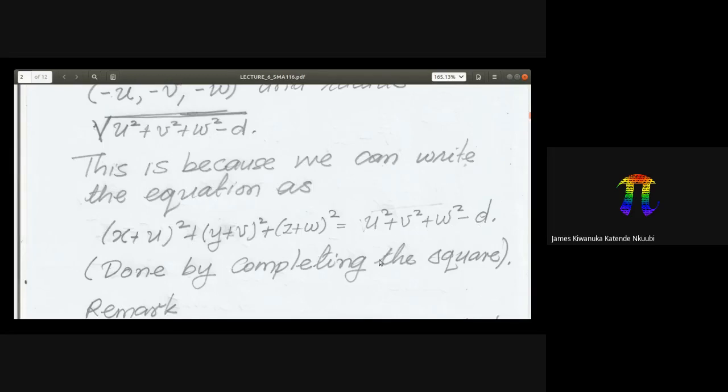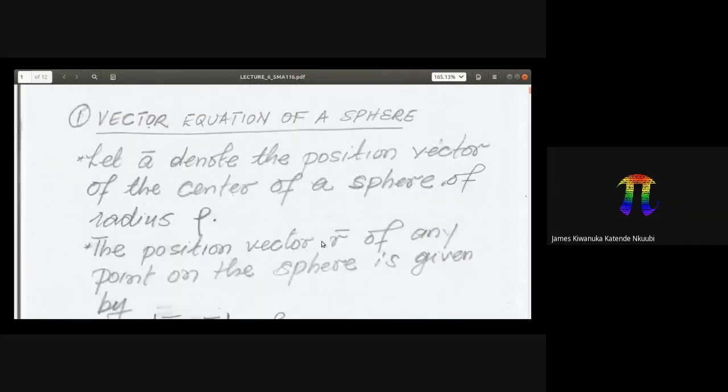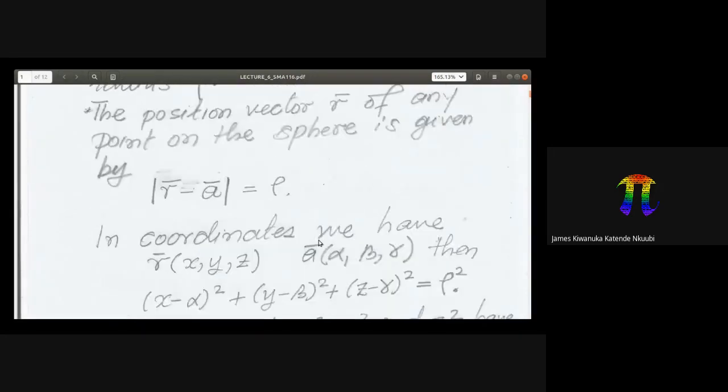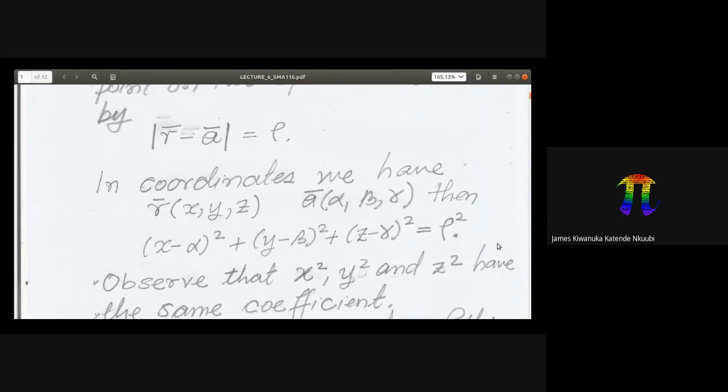You can see that by comparing it with the equation of a sphere which we got earlier. The equation of a sphere looks like this. Here, the term on this side is the square of the radius. If you're able to write the left-hand side in this form, the term that appears on this end will be the square of the radius.